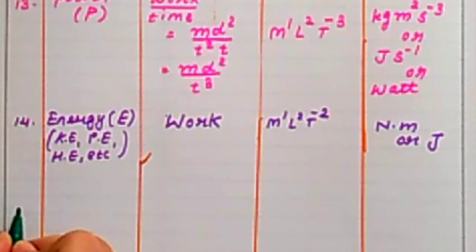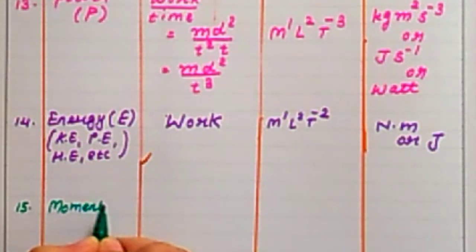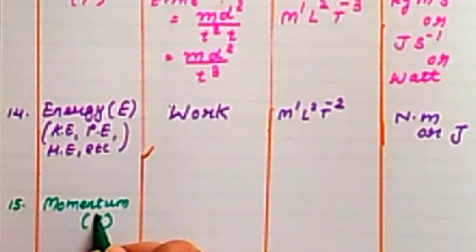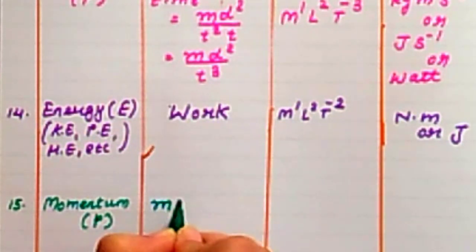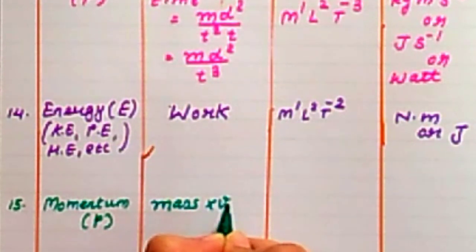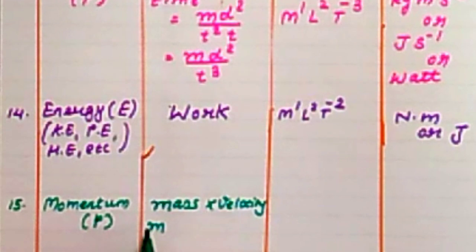Next physical quantity is momentum, and the symbol of momentum is small p. Now the relation of momentum with other physical quantities is mass into velocity. Now mass is as it is, and the formula of velocity equals distance upon time.